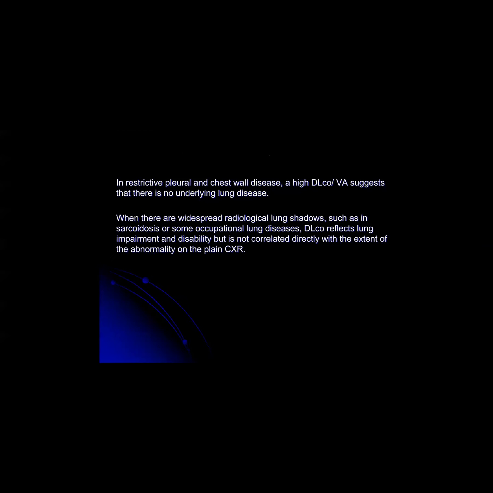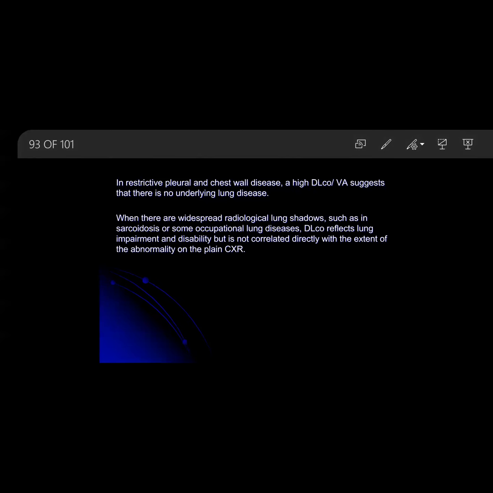In restrictive pleural and chest wall disorders, the lung carbon monoxide diffusion divided by the alveolar ventilation, so the transfer coefficient, is high. Which type of restrictive disorders? We are talking here about the extrinsic type of restrictive disorders, not the interstitial.